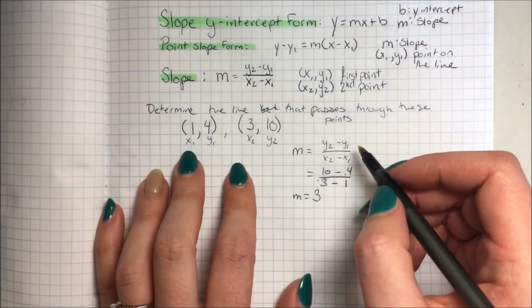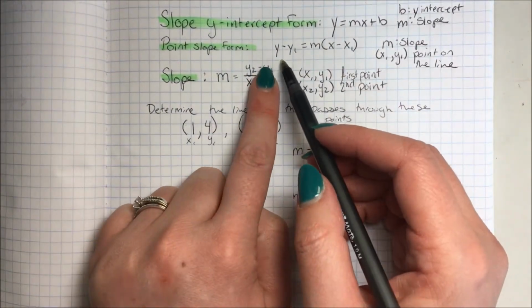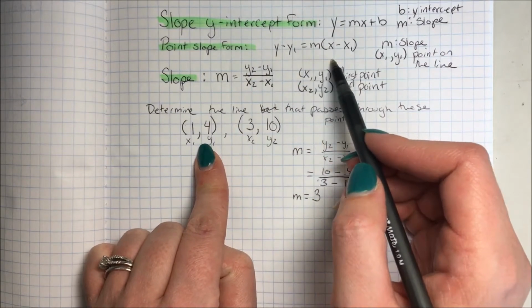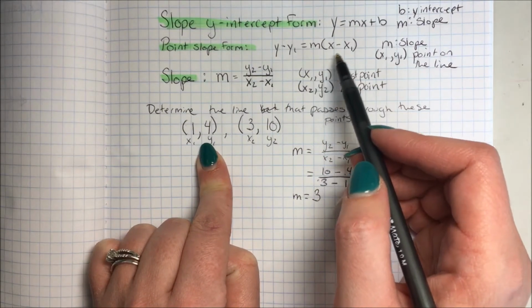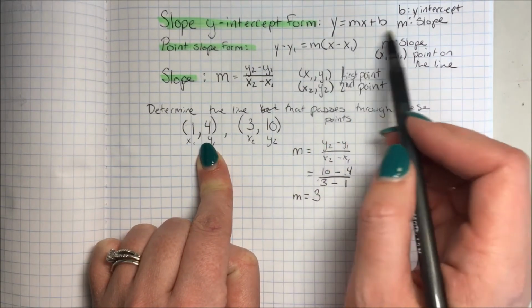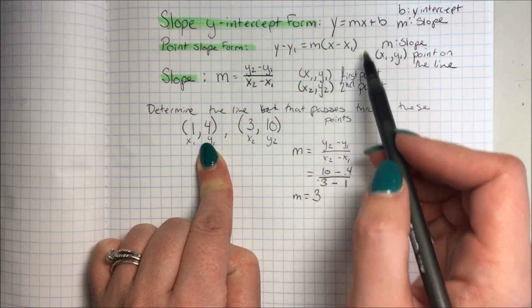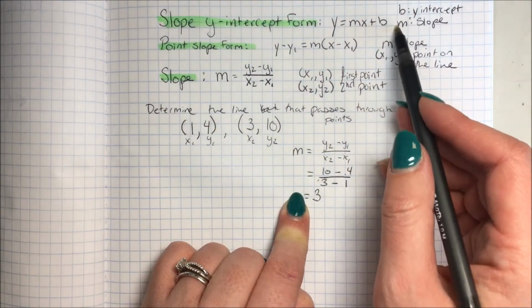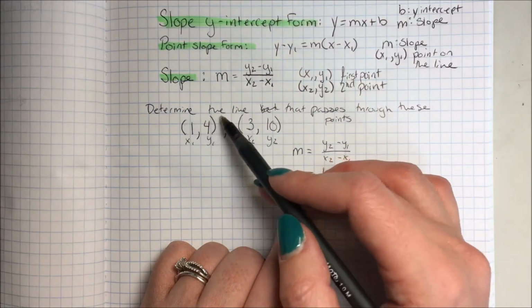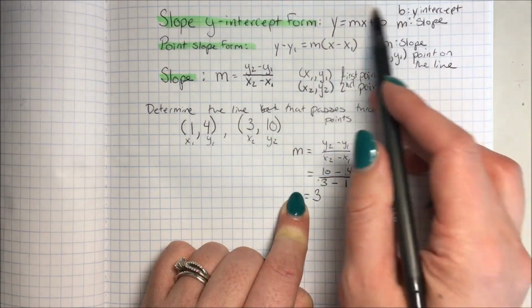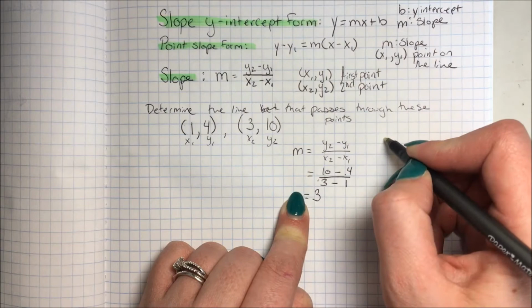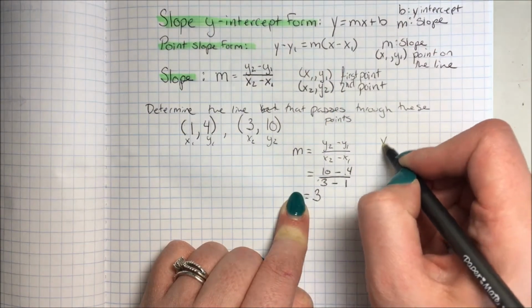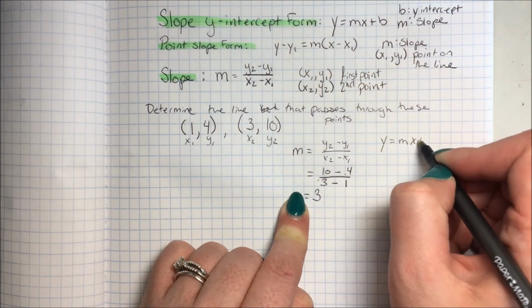Okay. Now, I could use this formula right here and plug into this formula and evaluate. Okay, but this formula is a lot to remember, and I know you all know this one. So I have the slope. I need the y-intercept still. So I'm still going to use this point to find my y-intercept so I can write it in this form. So y equals mx plus b.